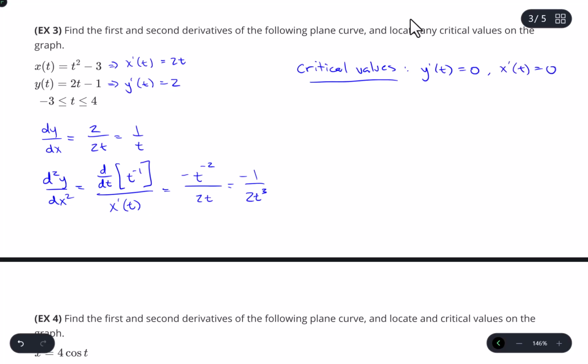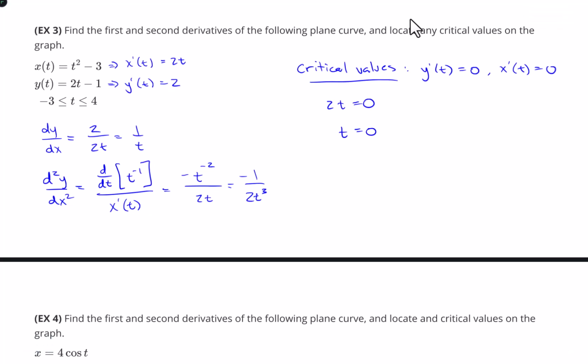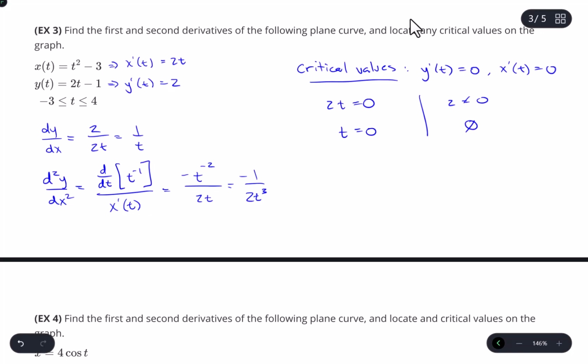So we set each of those derivatives to 0 and solve. If I set the x component derivative to 0, that would be 2t equals 0. So t equals 0 is a critical value. And for the y direction, if I set 2 equal to 0, well, that doesn't make any sense because it's a contradiction, but it just means that there are no additional critical values from that. So t equals 0 would be the only critical number.